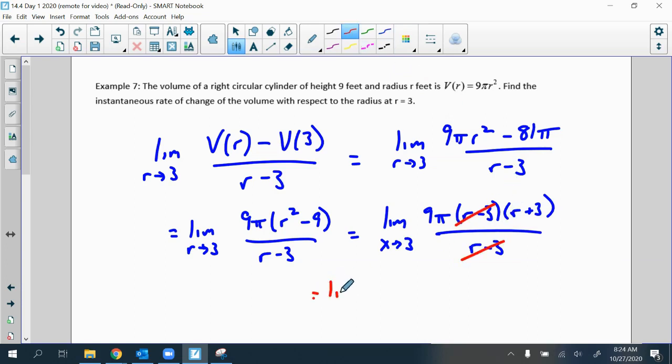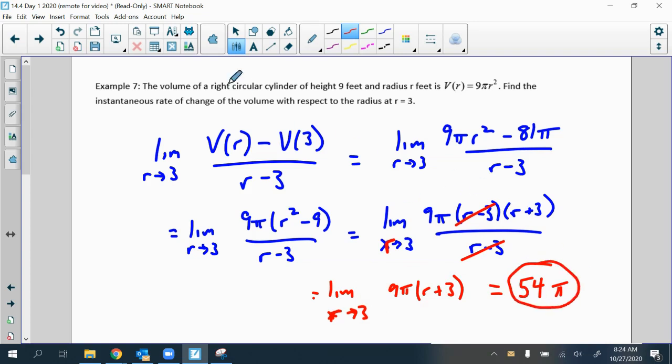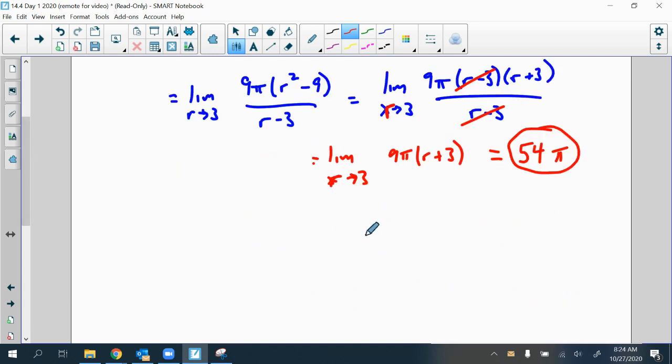So now I have the limit as r approaches 3 of 9 pi times r plus 3. So I just plug in 3 and I get 9 times 6, 54 pi. So that's the instantaneous rate of change of the volume with respect to the radius. So in calculus, we would say that's dV dr, but you don't need to know that yet. So dV dr would be 54 pi.